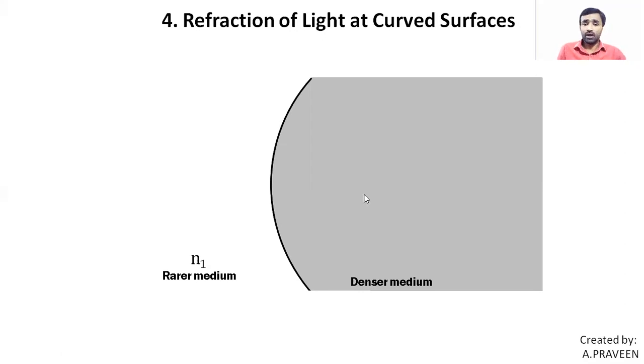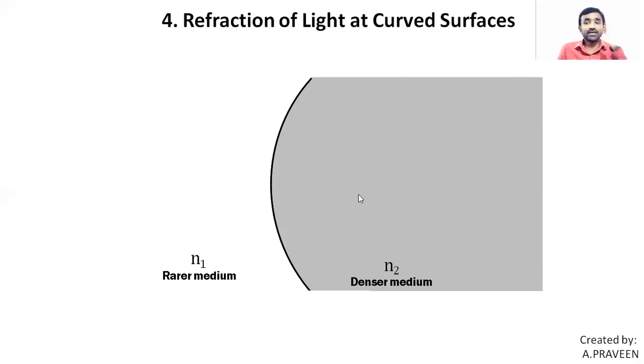N1 is the refractive index of the rarer medium, the first medium, and N2 is the refractive index of the denser medium, the second medium. How did I decide the first and second medium?